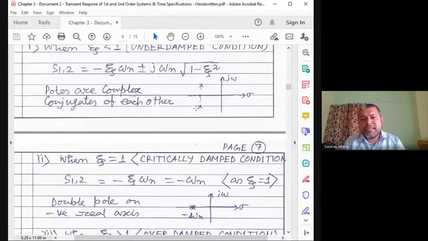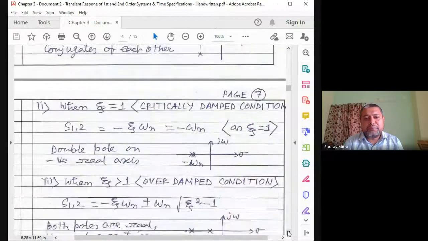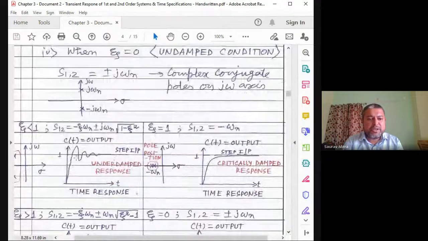You'll find both are stable roots, in the left hand side of the j omega axis, but they're complex conjugate poles. That will give us a response like damped oscillation. That means we get a decreasing kind of sinusoidal, initially a transient part and then a steady state part. So delay time, rise time, peak time, settling time, percentage Mp, all those things you have to find from the graph.